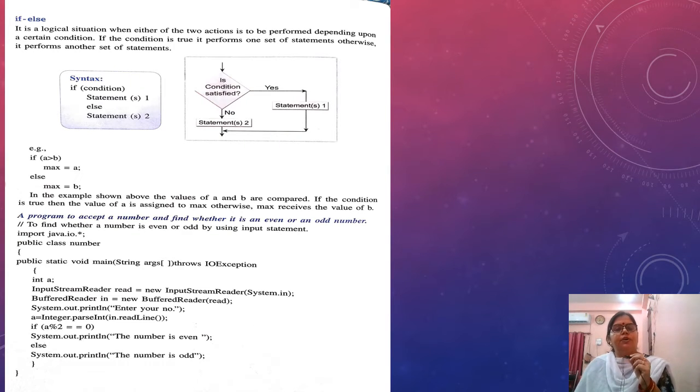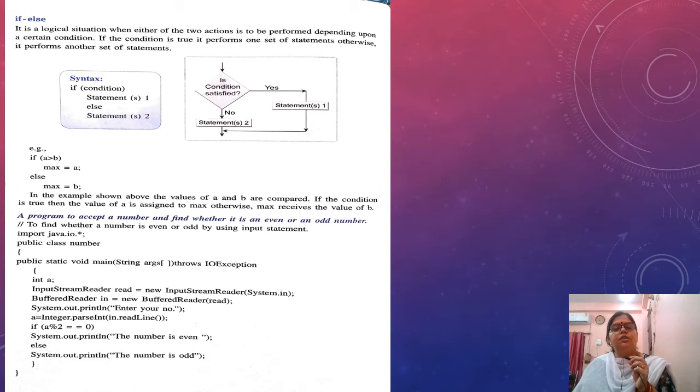Now see, first here is an example of if else. It is a logical situation when either of two actions is to be performed depending upon a certain condition. It means, students, that in if else two conditions are given. If the first one is not true, the flow of control comes to the second statement.